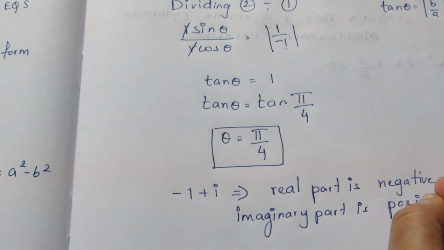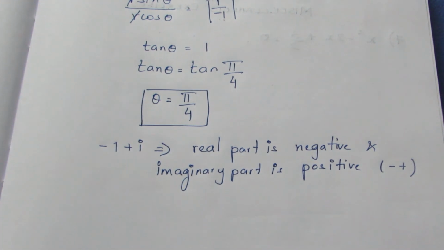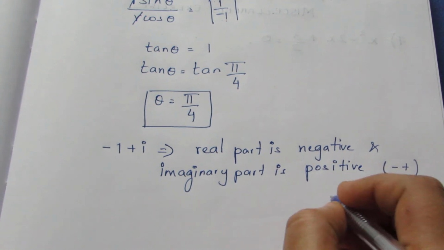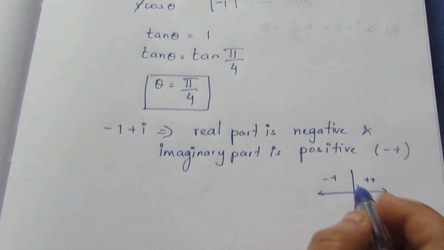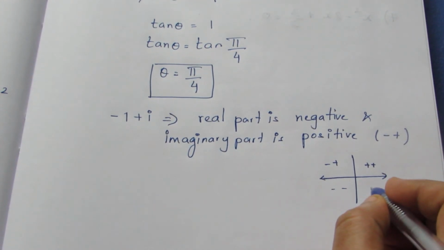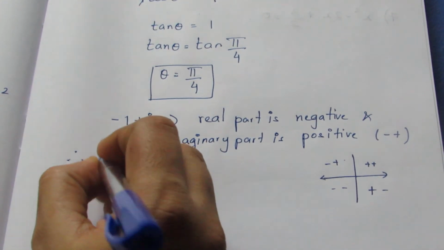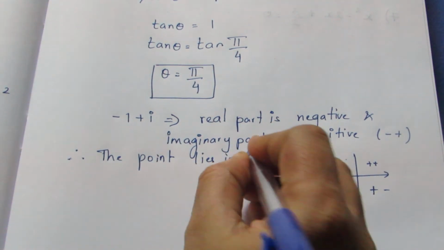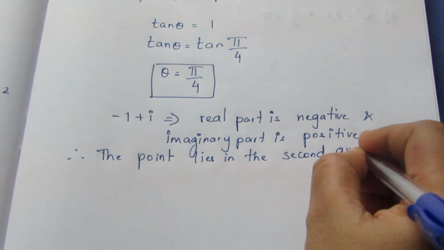So when it is negative and positive, it should be in the second quadrant, because by the quadrant rule, here it is plus plus, here it is minus plus, because of the negative value on the x-axis, here it is minus minus, here it is plus minus. So it is in the second quadrant, therefore the point lies in the second quadrant.